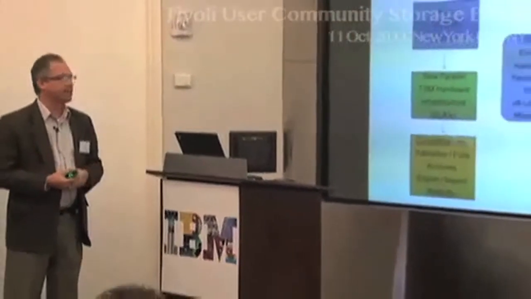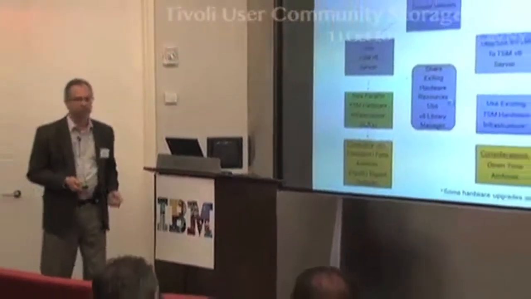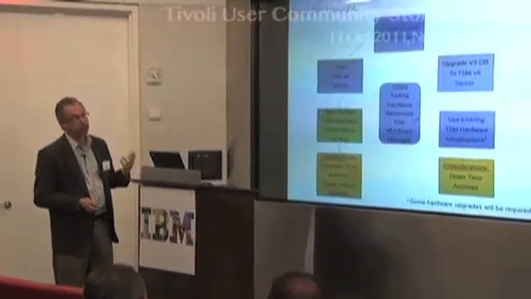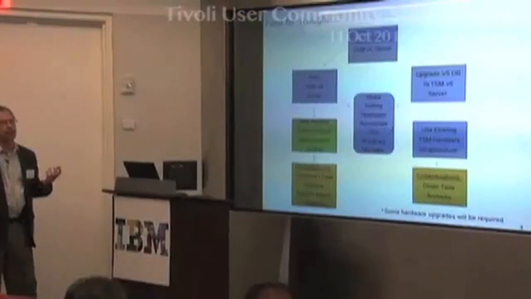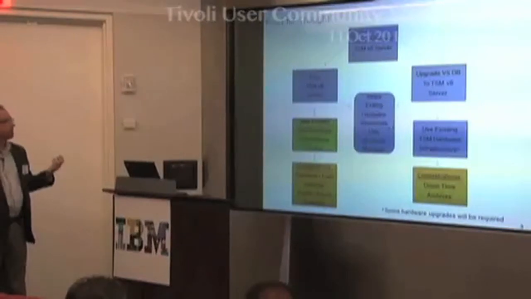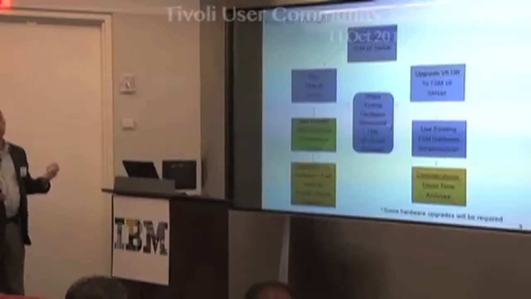So we can do export import, or there's a service, I guess you could call it, from IBM called Butterfly, which is very nice. You can do an upgrade from version 5 to version 6 without any downtime.